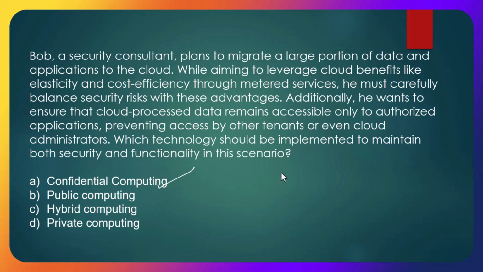Actually, when we talk about confidential computing, they formed a consortium called the Confidential Computing Consortium. There are a group of companies who are members of this consortium. Whenever Intel and AMD manufacture processors, like AMD SEV and Intel SGX processors, many types of them support this security from the hardware.